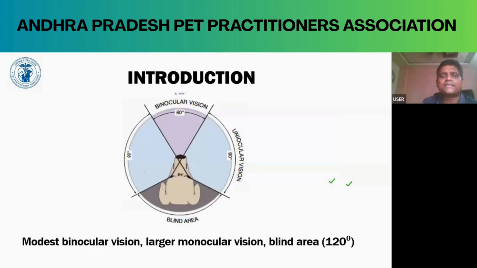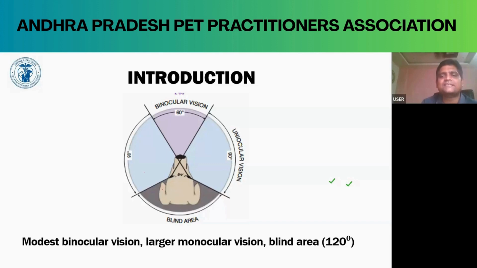And as far as possible, if you relate it to the vision, generally it has binocular vision up to 60 degrees, and uniocular vision of 90 degrees, and it has the blind area behind, about 120 degrees. The binocular vision is with both eyes up to this 60 degrees extent, it can observe other things.